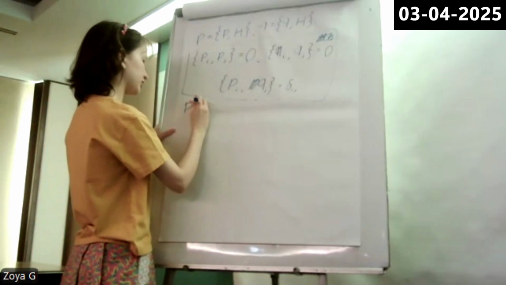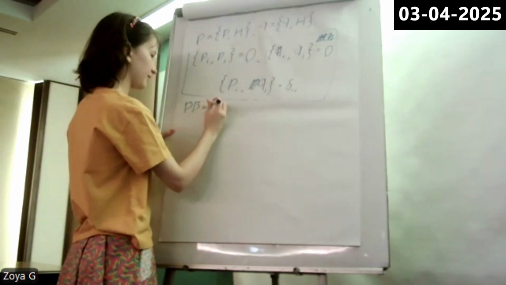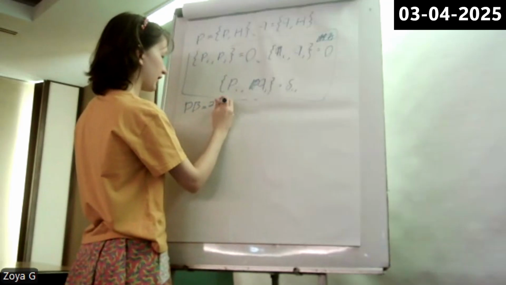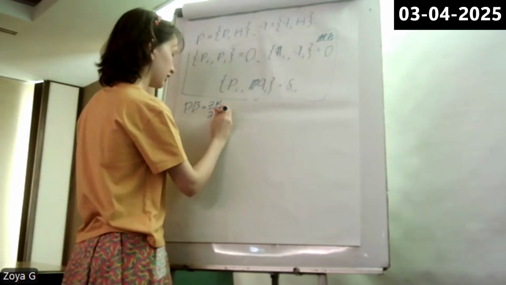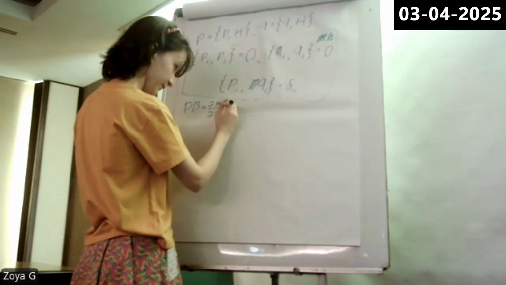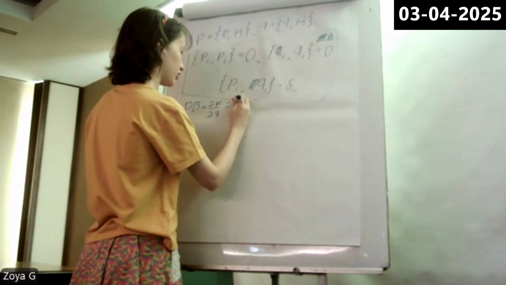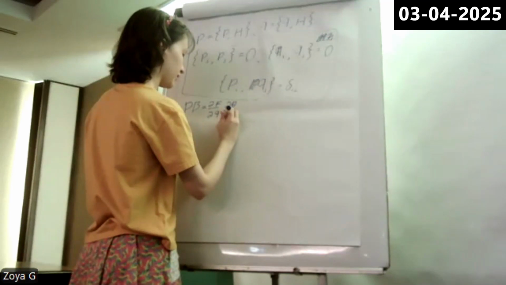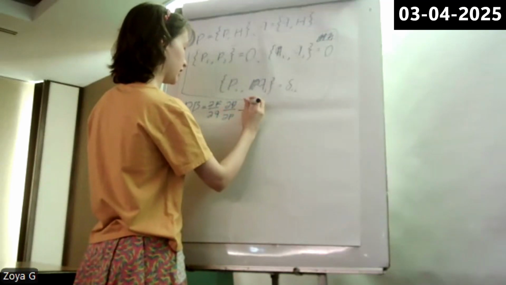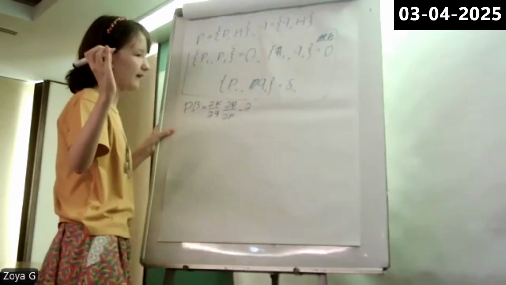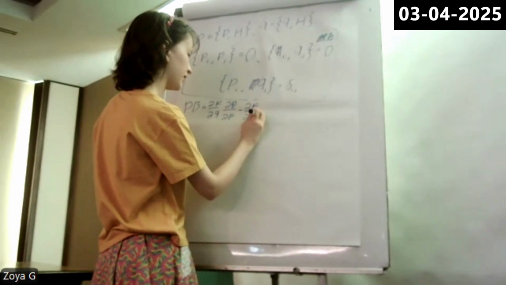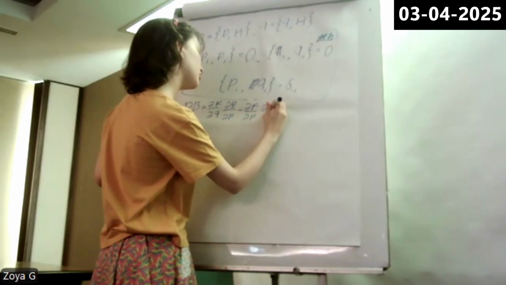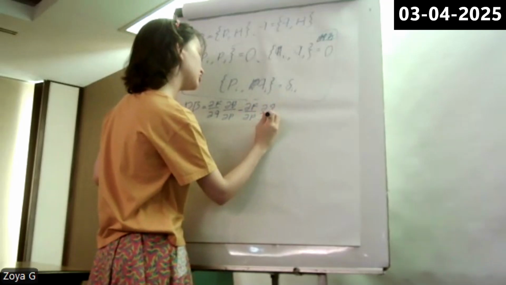So remember that the Poisson bracket is equal to partial f partial q partial g partial p minus partial f partial p partial g partial q.